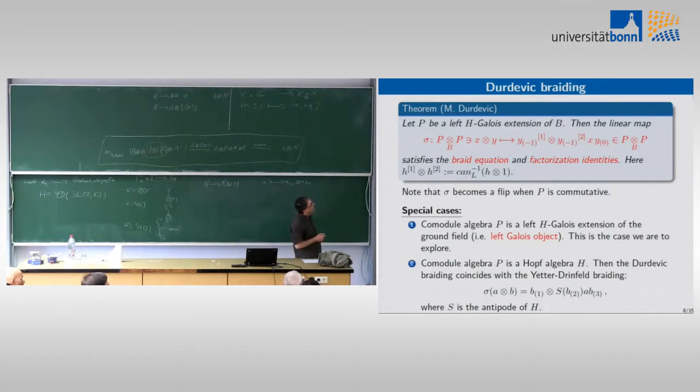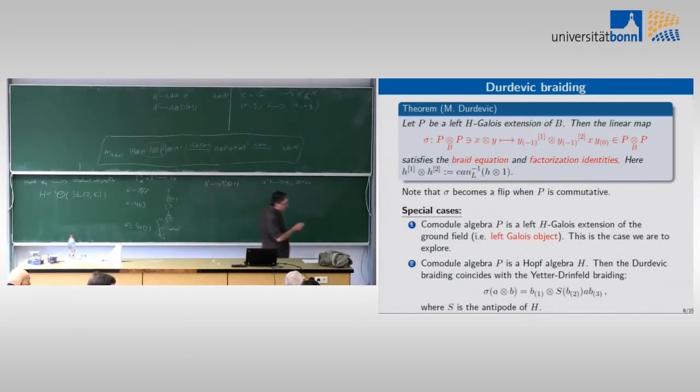This will give you nothing else but 1 tensor Y tensor 1. So this will be nothing but a flip. You map X tensor Y to Y tensor X, and of course now you don't have to worry about having a flip over B, because if P is commutative, then its subalgebra is also commutative. So you are good.